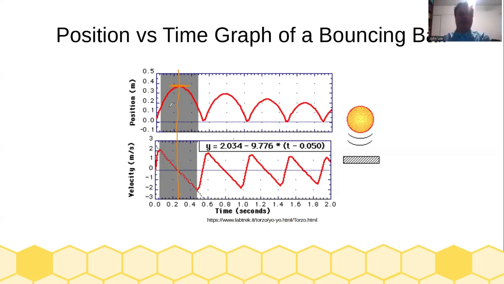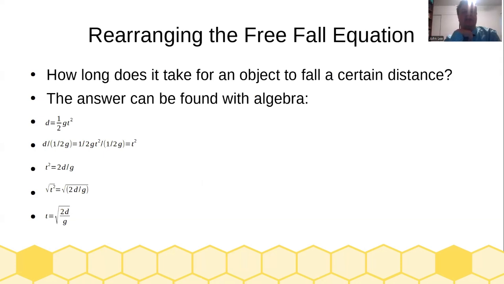Doing a last bit of math before moving on, how long does it take for an object to fall a certain distance in free fall? The answer can be found with algebra by looking at our equation, distance equals 1/2 g t squared, dividing by 1/2 g on both sides to find t squared equals 2d over g, and then recognizing that taking the square root of t squared is going to give us plus or minus t, where the square root of t squared is equal to the square root of 2d over g, which gives us t equals plus or minus the square root of 2d over g.